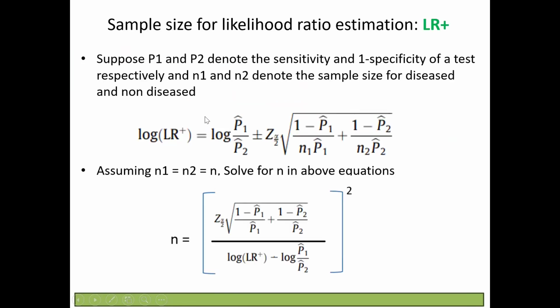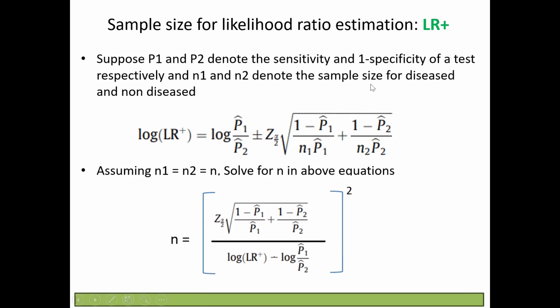So this is the formula for estimating the confidence interval of likelihood ratio. We need log transformation to make the values normal. We can rearrange the equation to get the sample size.